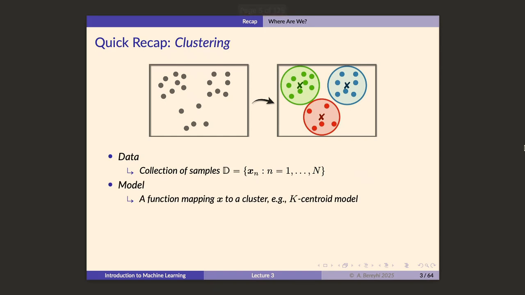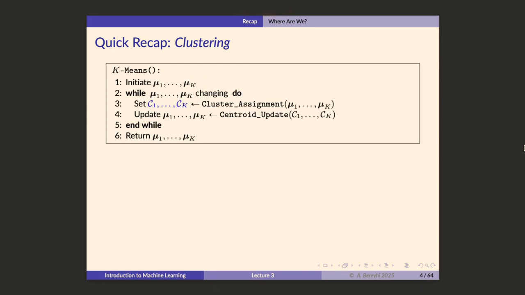We made a kind of model, which was basically looking at the data and giving you back a cluster. And the learning algorithm that we developed was basically k-means clustering, which started from the data points inside your data set and tries to understand a general rule to take one data point and specify the cluster for you. So this was the idea of k-means clustering.